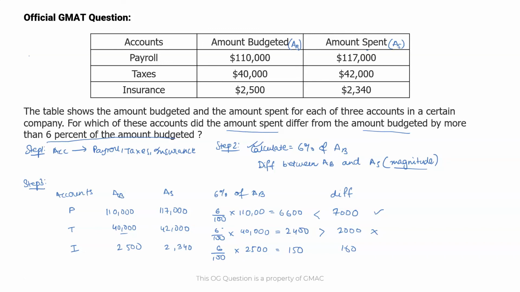But for insurance again we can see that the difference is greater than 6% of amount budgeted. So the two accounts whose difference exceeded 6% are payroll and insurance. So the correct option is option D.